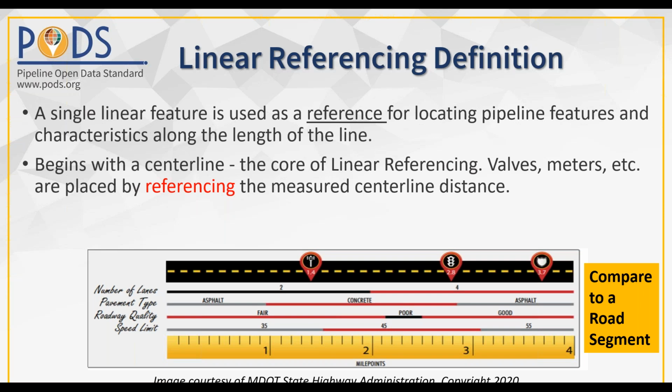But think about it as a road segment, and try to visualize this measured distance along this segment of road, and you can see that there are features belonging to the road such as the speed limit, changes along the road, the quality of the pavement type, and the number of lanes, etc. You can see there's many different types of information that need to be stored about this road, but it doesn't necessarily all have to be stored on separate physical lines associated with the road.